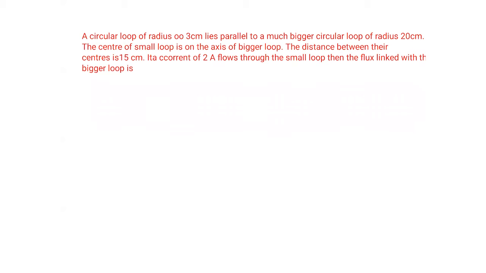So the radius of the small one is 3 centimeter. The radius of the big one is 20 centimeter. The center of the small loop is on the axis of the bigger loop.